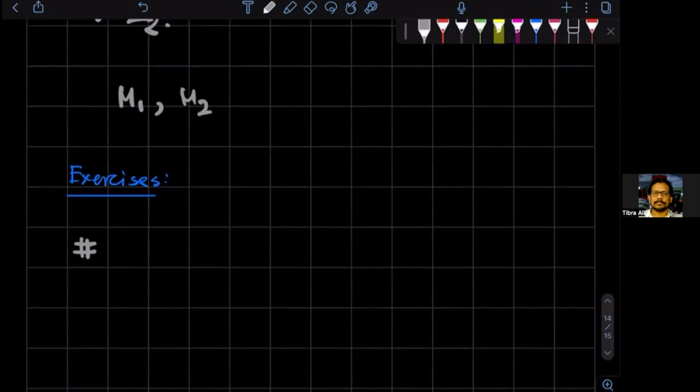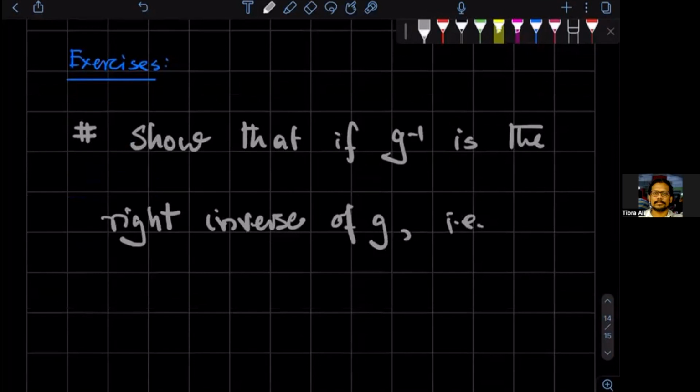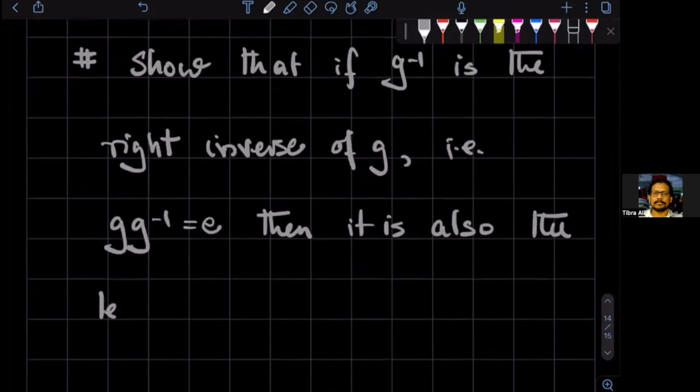So, show that if G inverse is the right inverse of G, that is, G inverse G is E, then it is also the left inverse.